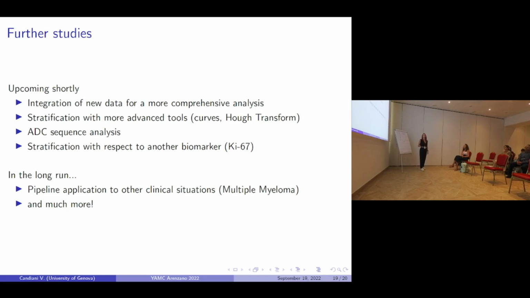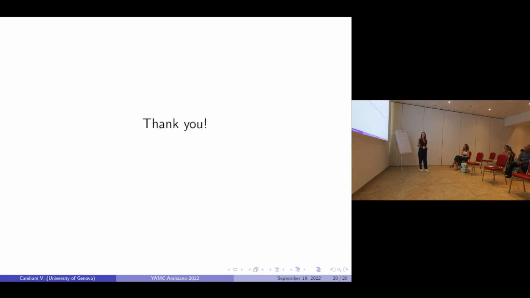And then some stratification with respect to another biomarker, and these are data that just arrived. And in the long run, maybe apply this pipeline and this clinical analysis to other situations like multiple myeloma. And if you have other ideas, please let me know. So thank you.